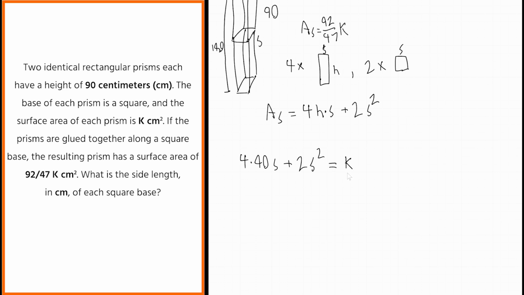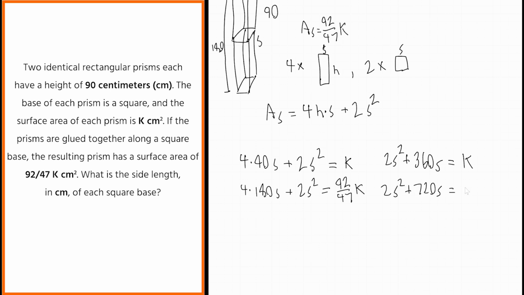For the double-stacked rectangular prisms, that would look like 4 times 180s plus 2s squared, and that is, according to the problem, equal to 92/47. We'll rearrange these and simplify them. So we'll do 2s squared plus, and then 4 times 90, that's 360s equals k. And we have 2s squared plus 180 times 4 is 720s equals 92/47.